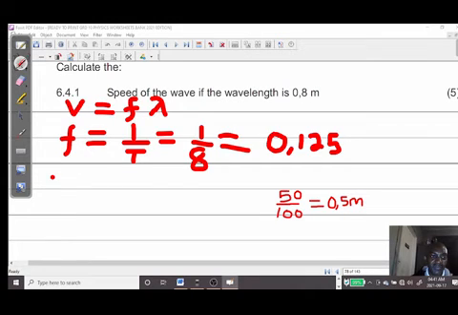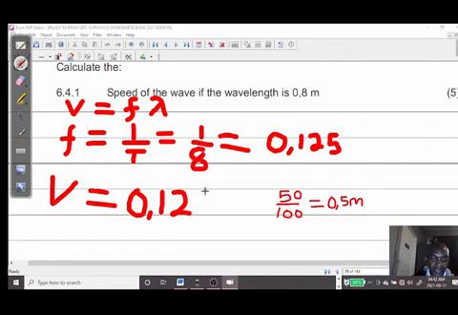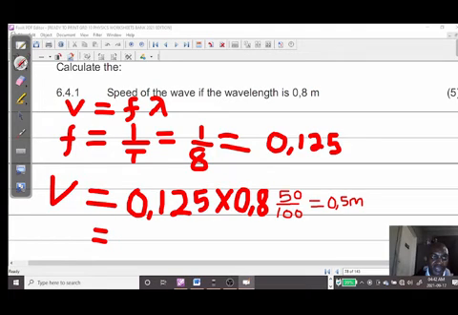So v equals f, which is 0.125, multiplied by the wavelength, which is 0.8. So 0.8 multiplied by 0.125. Which answer do we get?